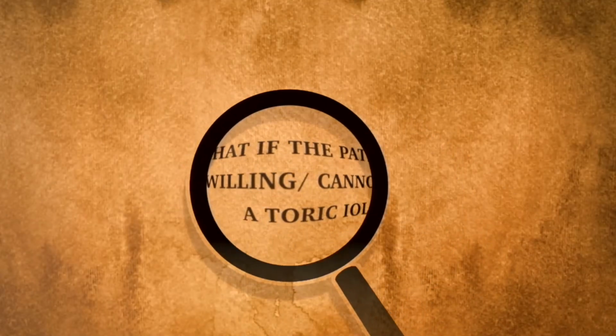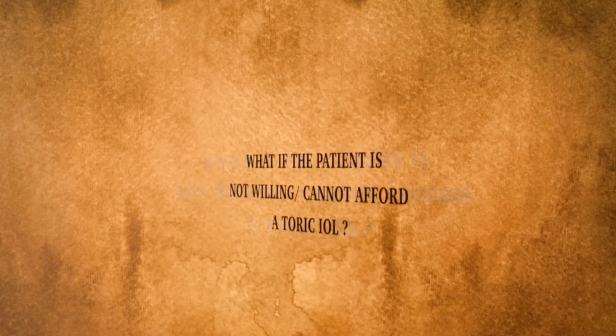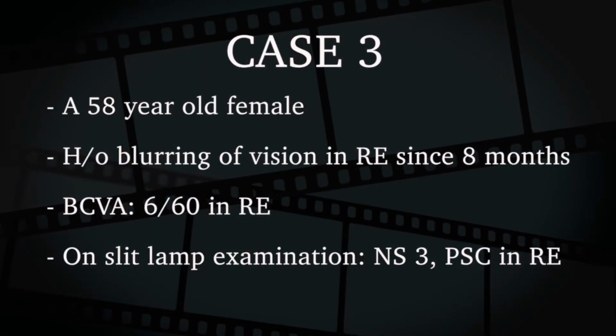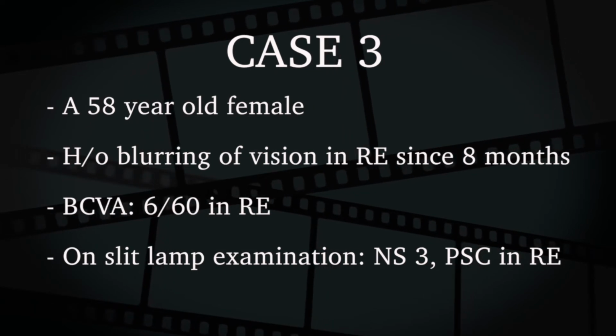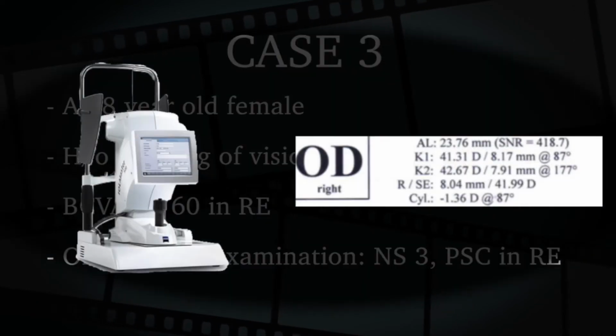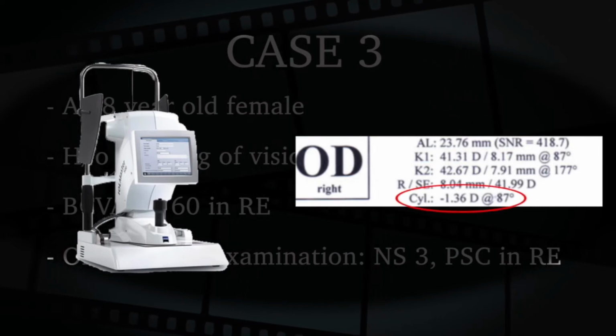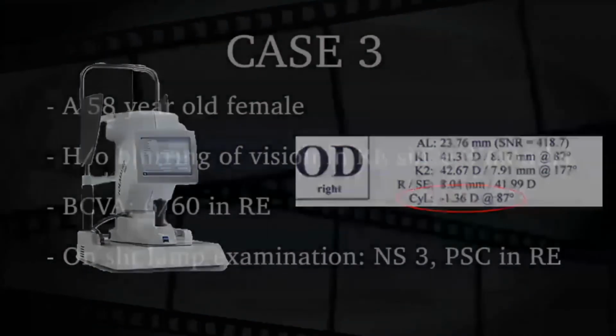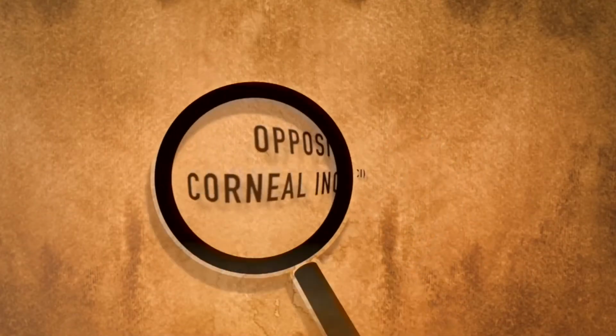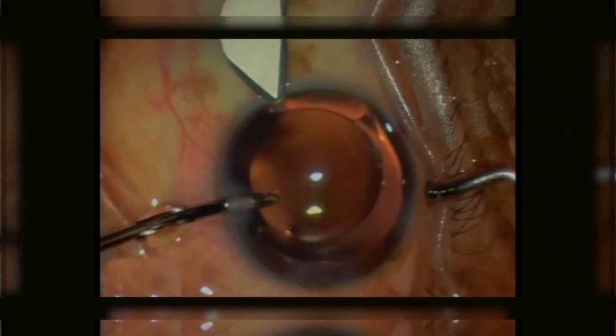A dilemma which we can face is, what if the patient does not want or cannot afford a toric IOL? Looking at this case example of a 58-year-old female with cataract and a cylinder of 1.36 diopter at 177-degree axis, a penetrating OCCI was planned for this patient.